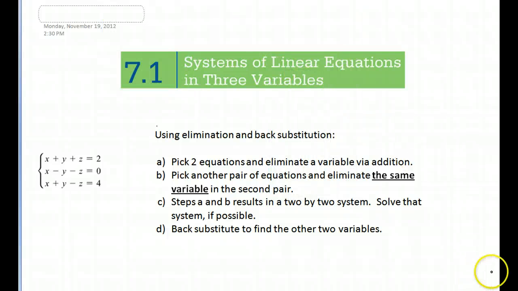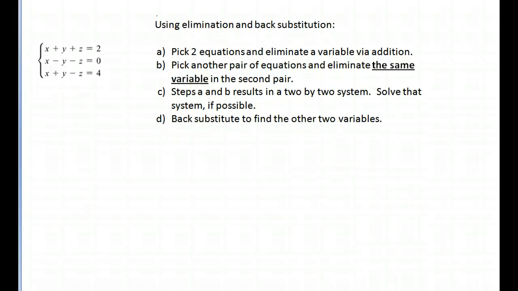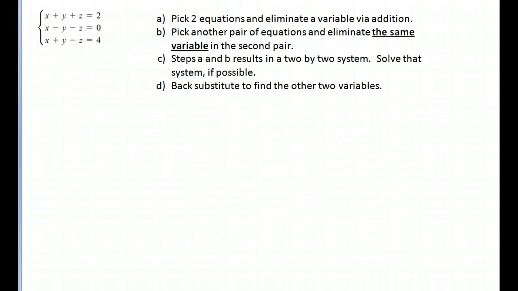Alright, so this system, we have x plus y plus z equals 2, x minus y minus z equals 0. Because of that sign change between these two, a plus y, a minus y, a plus z, a minus z, for part A I'm going to add these 2 equations together.